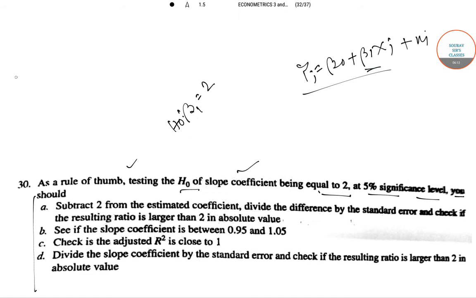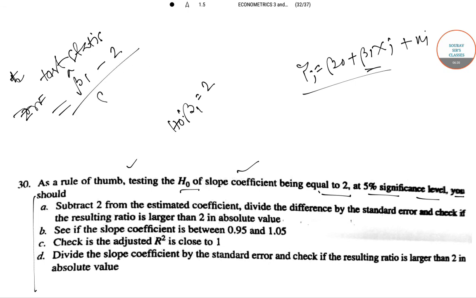So how to form the test statistic? The test statistic is beta 1 hat minus 2 divided by the standard error of beta 1 hat.